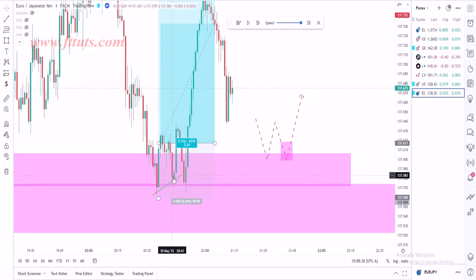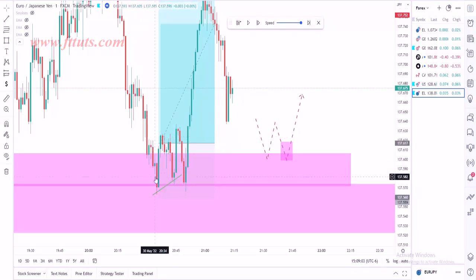When this happens and we get a double bottom, and remember, on the second point of the double bottom, this can be the momentum reversal, or this could also be on the second point. And you can also take these without finding a double bottom. If you want to get in on just this engulfing candlestick pattern right here, perfectly fine.